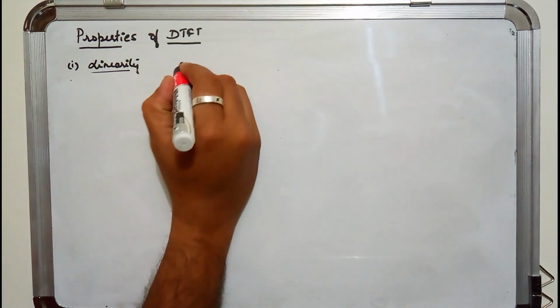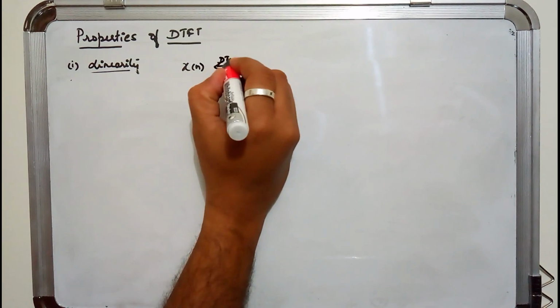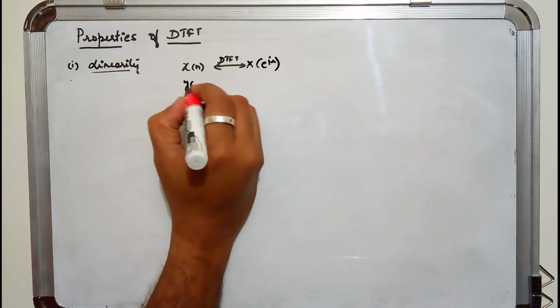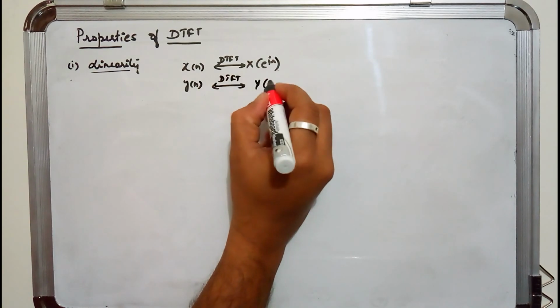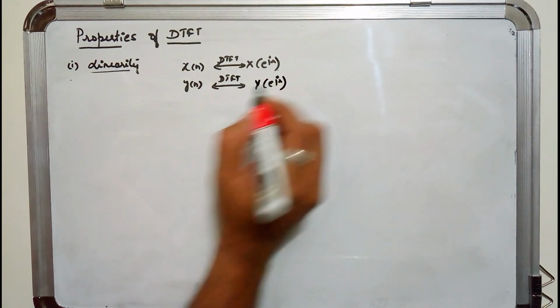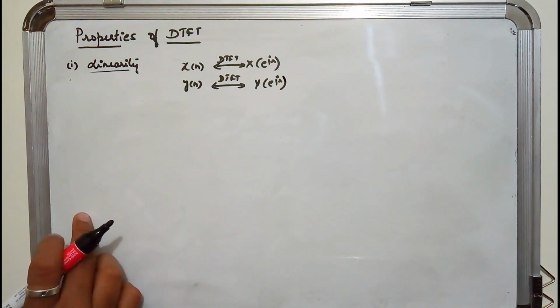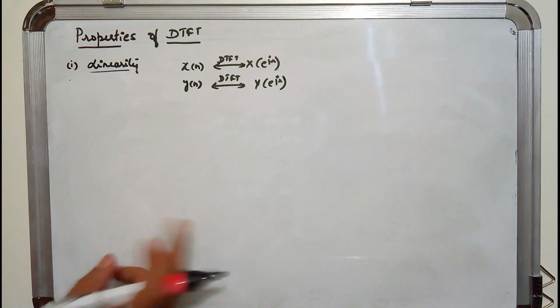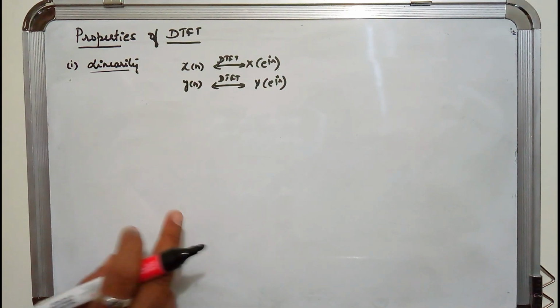Now we know that x of n forms a DTFT pair with X of e power j omega, and y of n forms a DTFT pair with Y of e power j omega. So the property of linearity says that if the input is a weighted sum of two or more signals, then the output is the weighted sum of responses to individual signals.